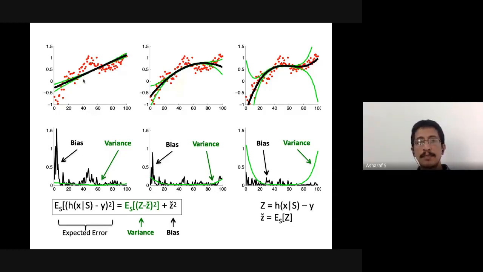But what is the variance? Variance is essentially what is expected of z minus z cap. For any point tested here, you know that z cap is going to be high, but the variation between the expected and the actual will not be very high.